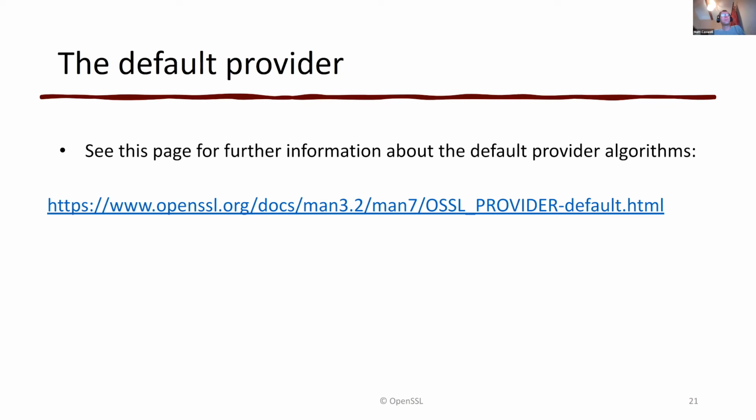I'm just going to skip past all of that stuff which I just flashed up on the screen, just to give you a flavor of the breadth of capabilities we have in the default provider. It's all documented on the man page that I'm linking to there. So please go and have a look at that man page. There are separate man pages for all of the different algorithms which tell you all about those individually.